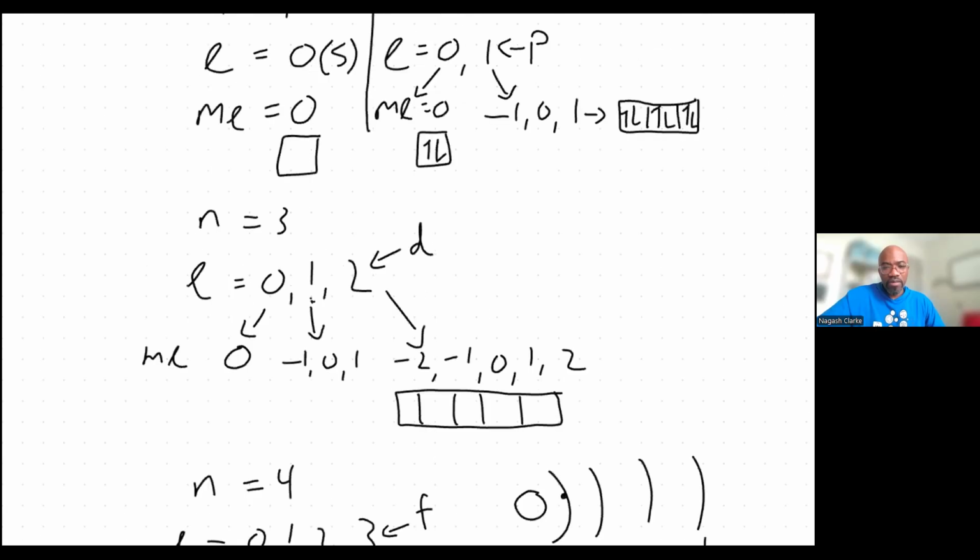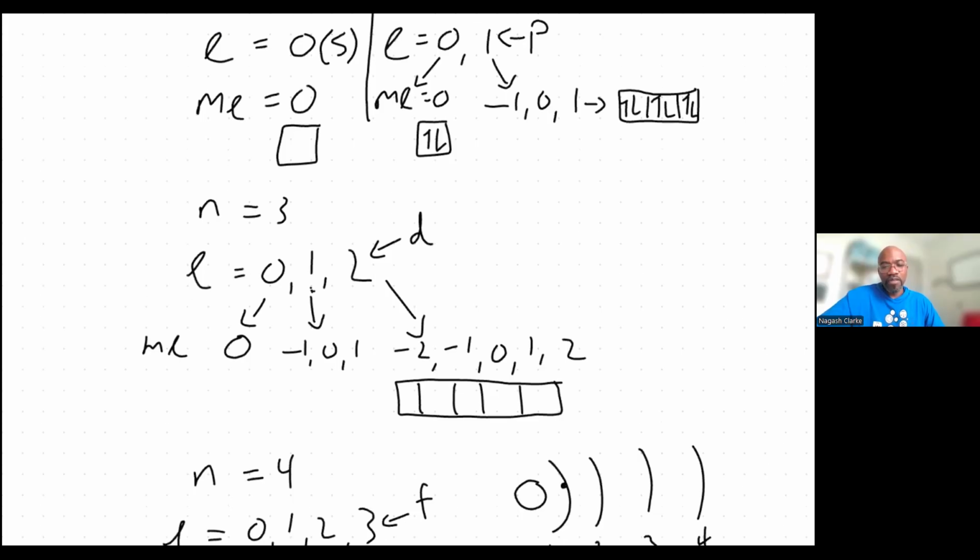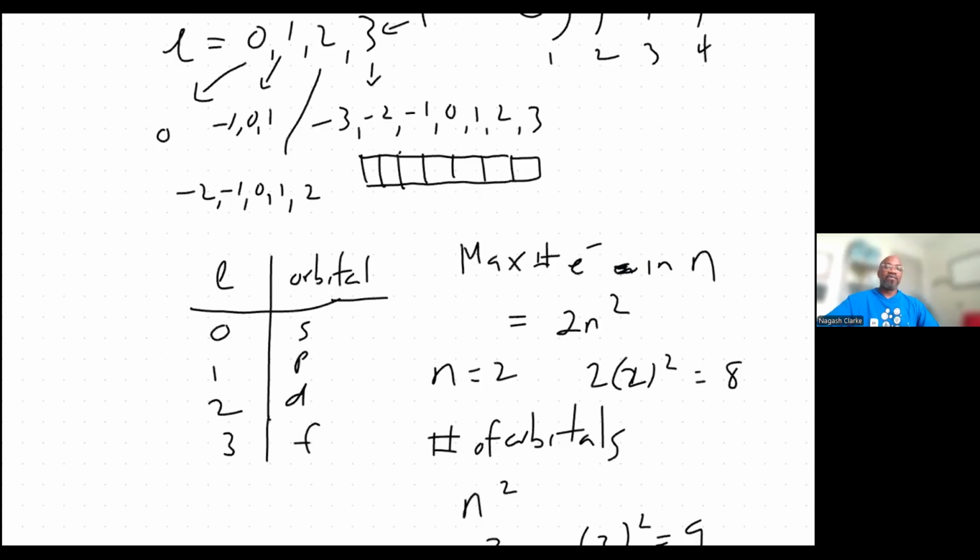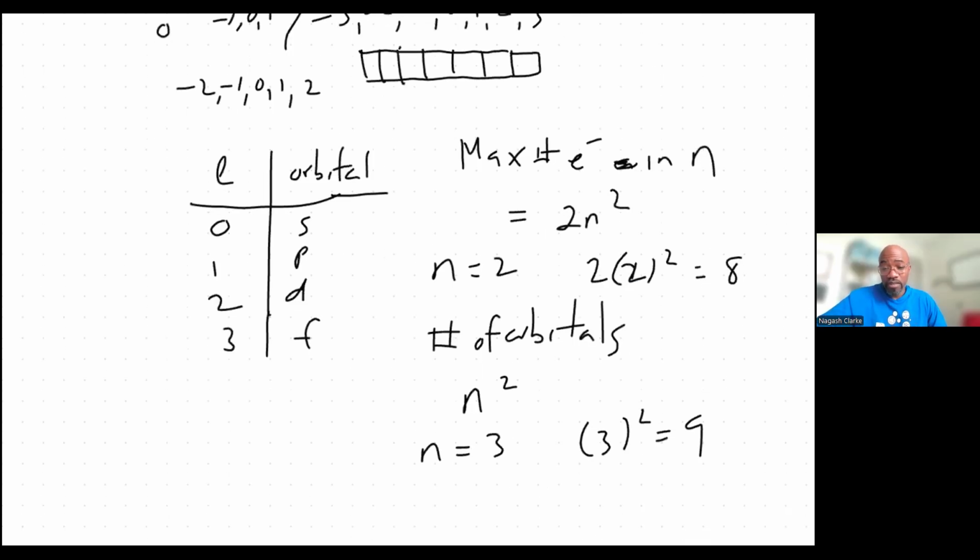N equals 3, so we have 0, 1, and 2. Those are our 3 L's. So that's 1 orbital, then 3 makes 4 orbitals, and then we have 5 here. That makes 9 orbitals. So these are some quick ways to figure out how many orbitals, and you can check yourself when you're breaking them down for M sub L.